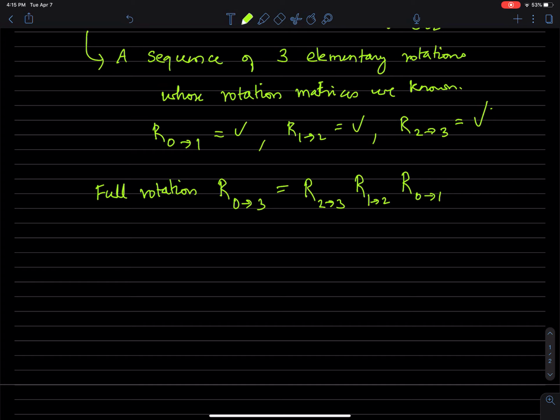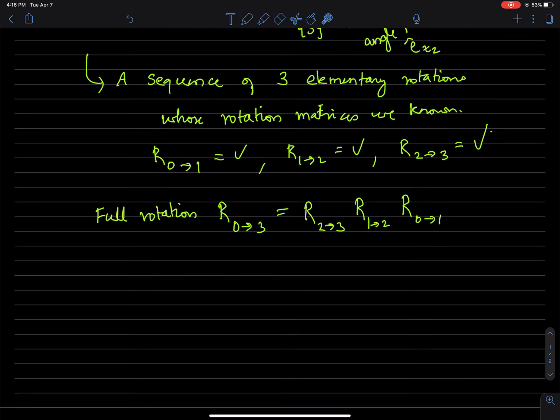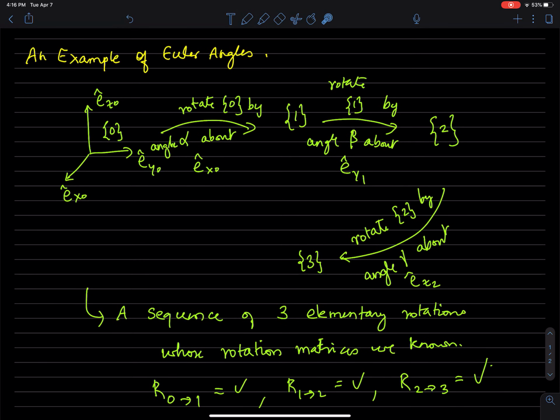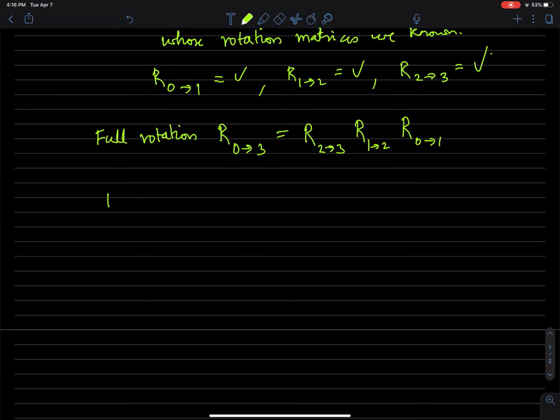Okay, so this is the full rotation matrix to go from 0 to 3. The full rotation matrix R 0 to 3 is a function of the three angles alpha, beta, and gamma.